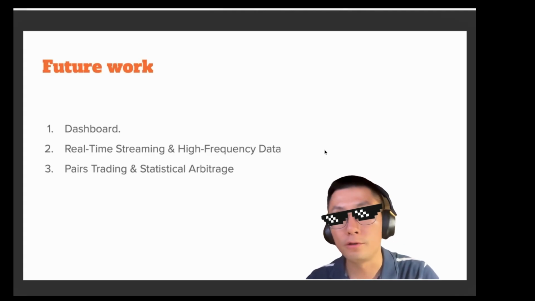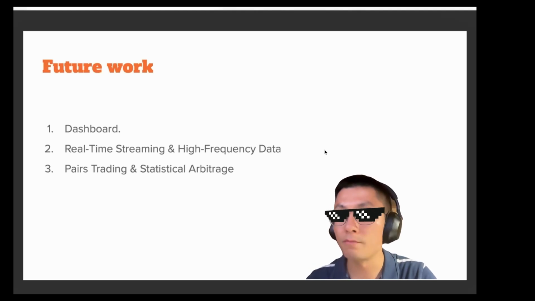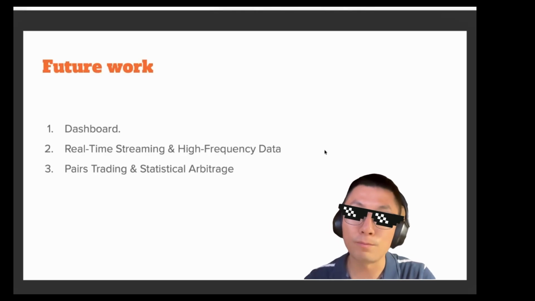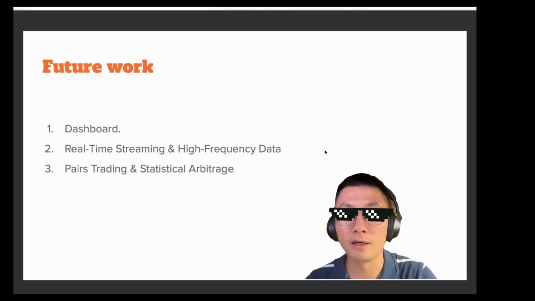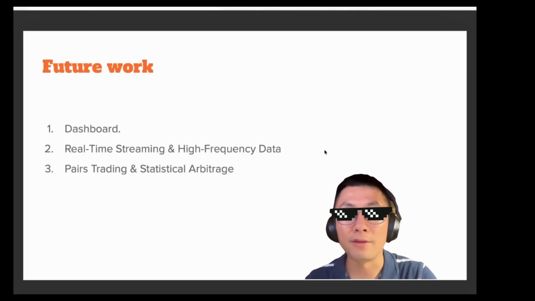Second, I want to increase the frequency of trading. I think it's a good idea, and I'm going to try to improve the ETL process to accept stream data. But in that case, I might not be able to use Cloud Run. And then I want to try some trading strategies.